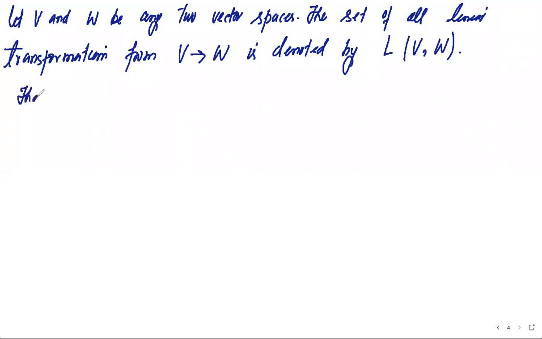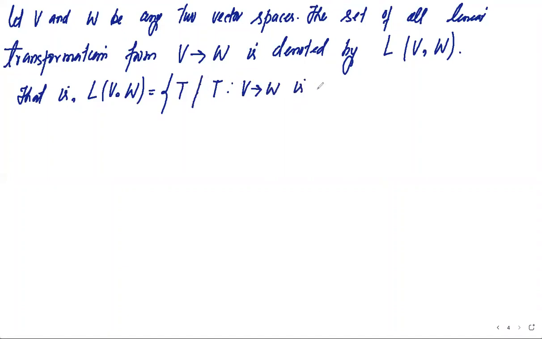So this L of V, W is equal to the set containing T such that T from V into W is a linear transformation.